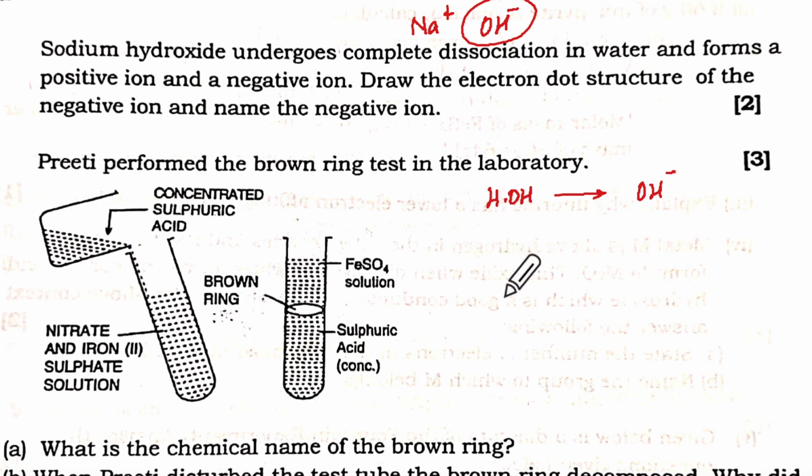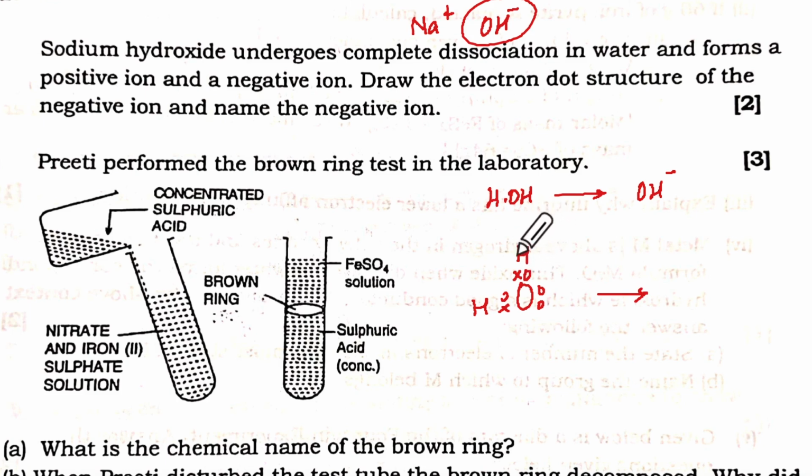Understanding? So you have to show the structure of water. The oxygen is here, this is your H, this is another H. Correct? And this is going to lose one protium here.